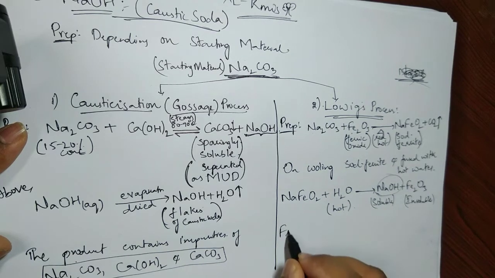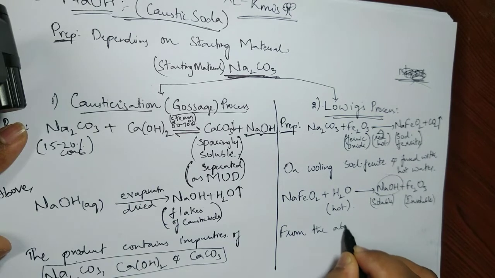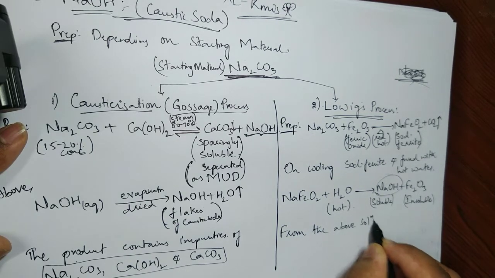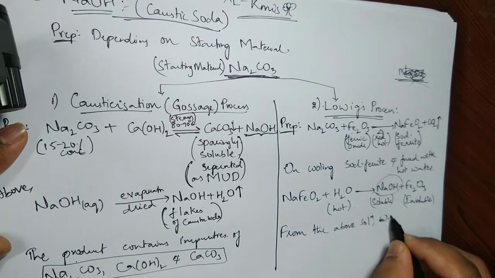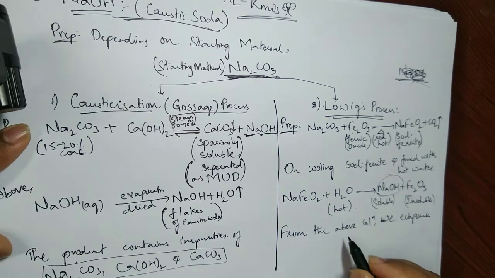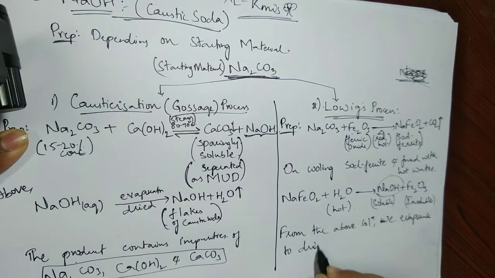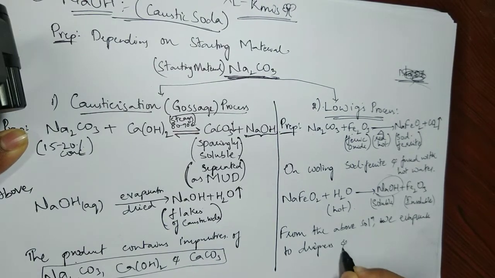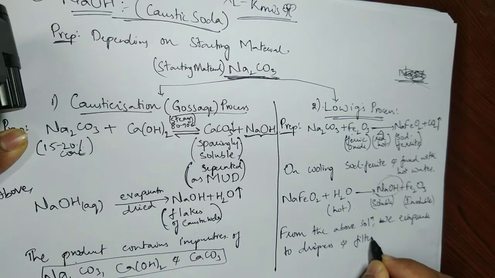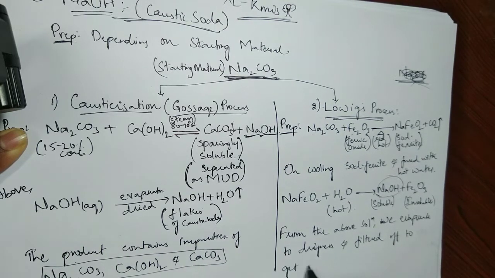So from the solution, same story. From the above solution, what we do is evaporate to dryness and filter off to get sodium hydroxide.